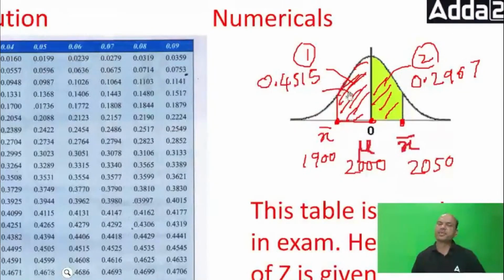Right? But what is asked? See, this is 1900, this is 2050. What is asked? Lying between 1900 and 2050. So you require the total. So total is both added, 0.4515 plus 0.2967. What are you getting?